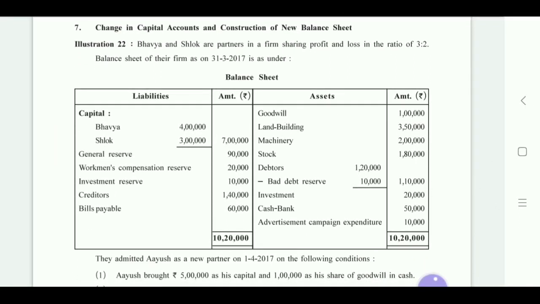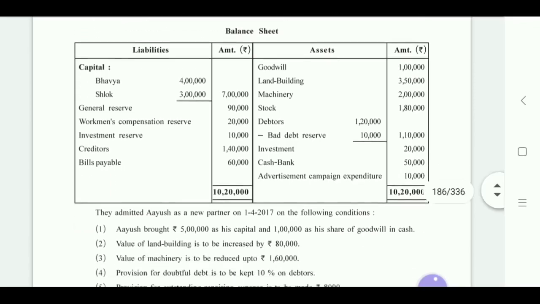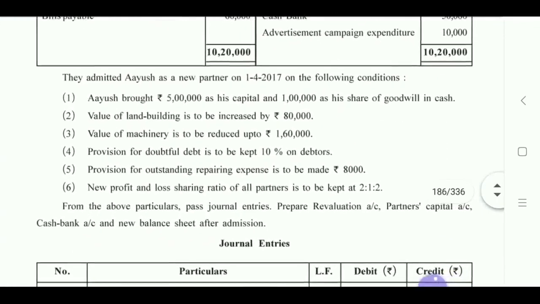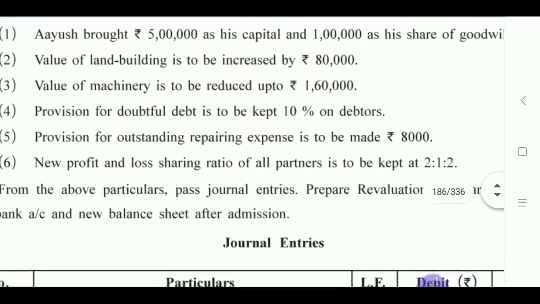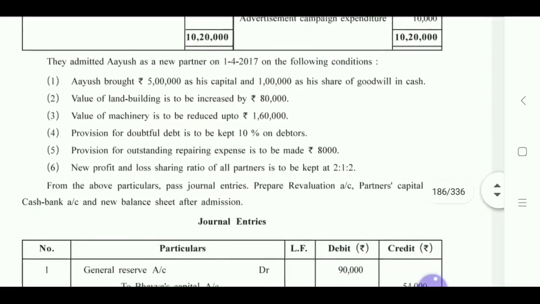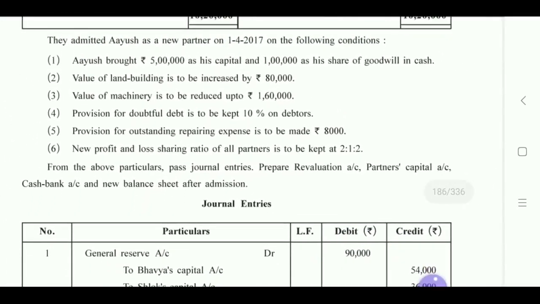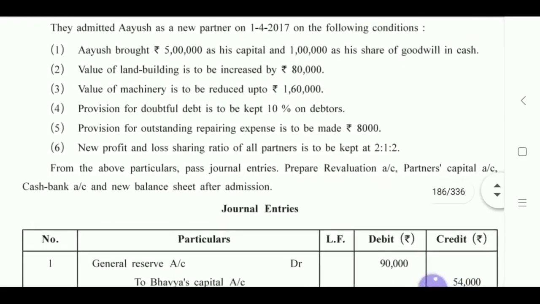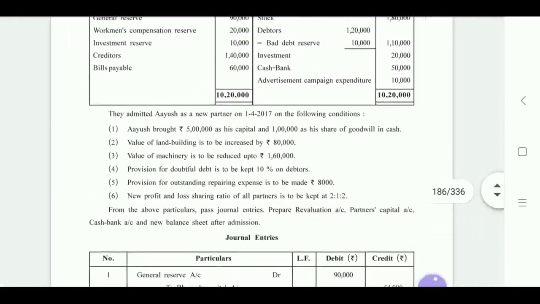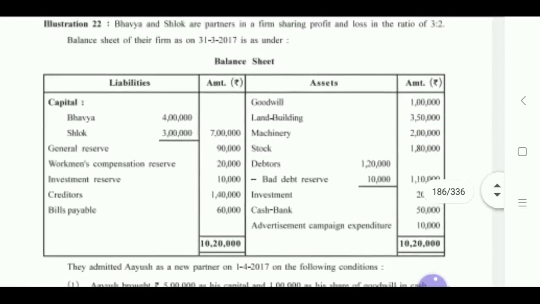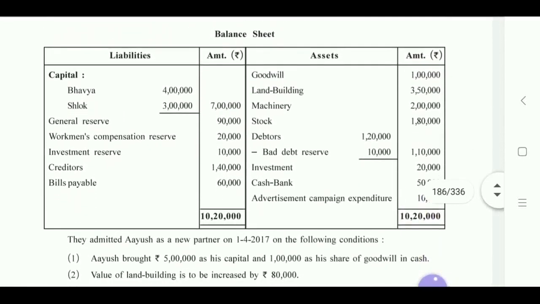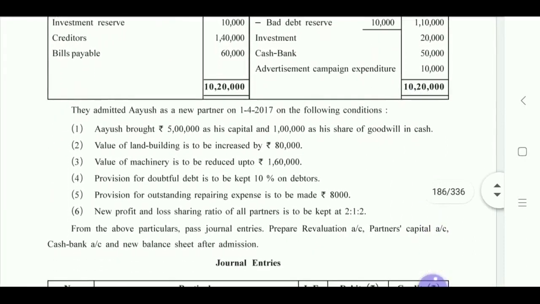So you've read the question carefully. We have adjustments. They have said that you are supposed to write journal entries, and prepare revaluation account, partners' capital account, cash and bank, and new balance sheet. First of all, I'll prepare a format for journal entries. These are the adjustments for which I'm going to write the journal entries.